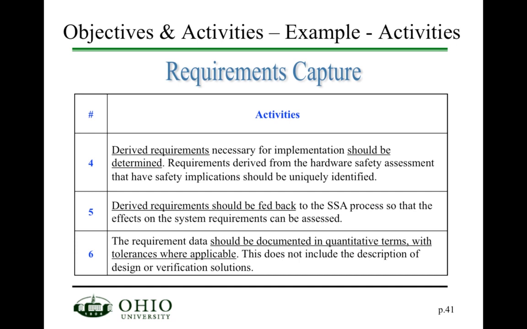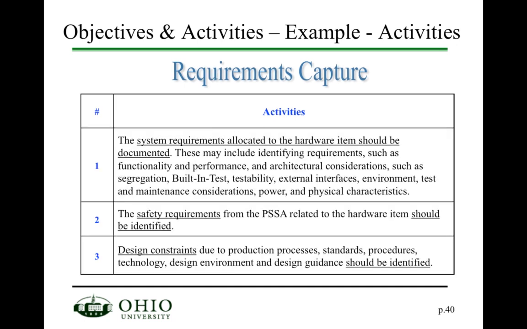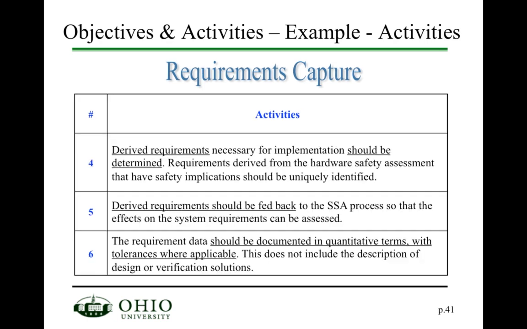That's why in the activities here, you have system requirements, safety requirements identification, to set design constraints, and of course you determine derived requirements. And you need to make sure that you feed those back to your system safety assessment, because they mean you're going to have additional logic that then must be reassessed because of the functional failure path.